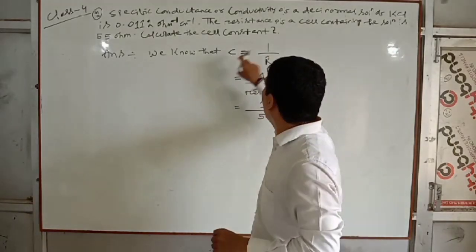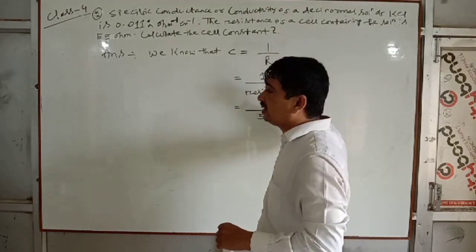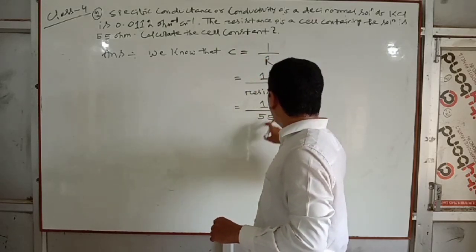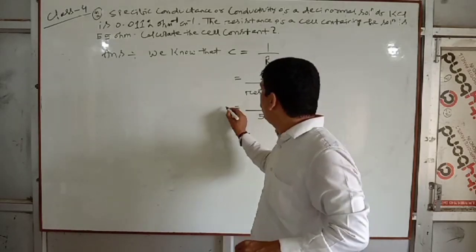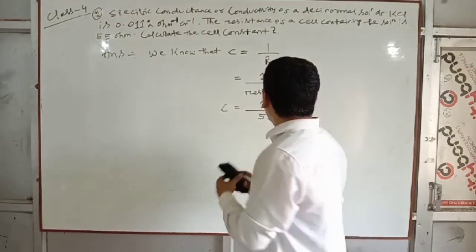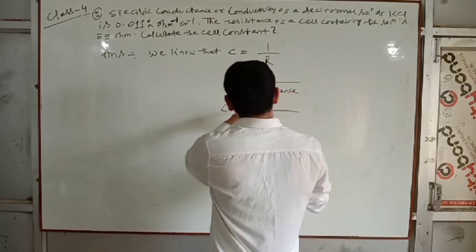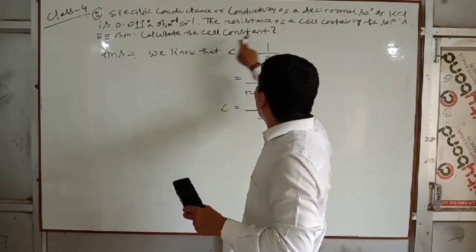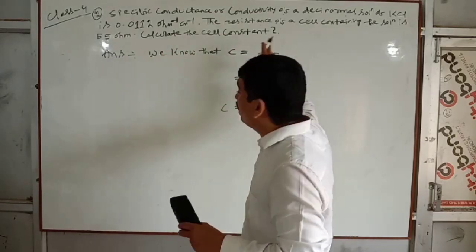So conductance is the reciprocal of resistance, C equal to 1 by R. Resistance is 55, so C equal to 1 by 55. This is the value of conductance. We have to calculate the cell constant.